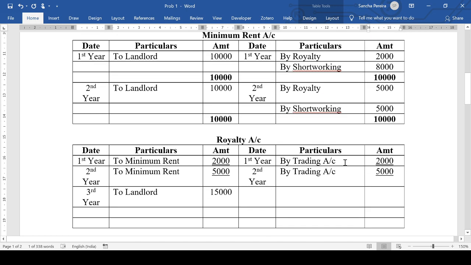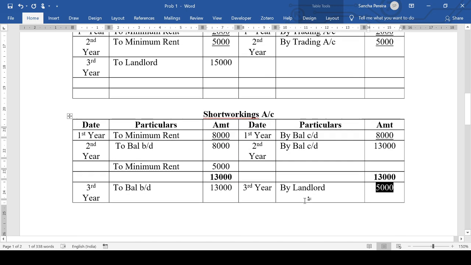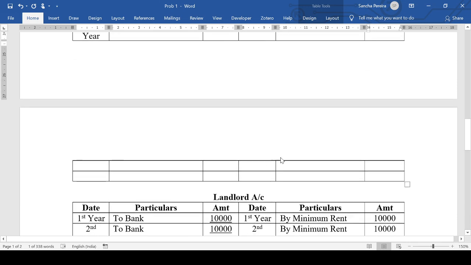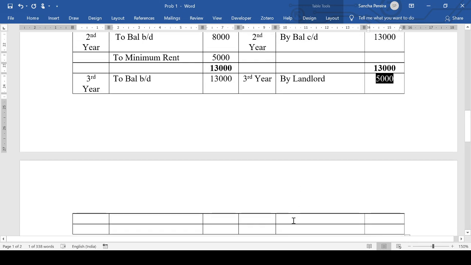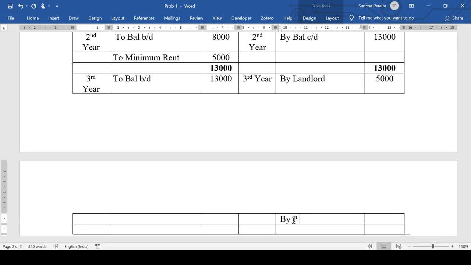Profit and loss account debit to short working. So in short working, it's going to be by P&L account. How much did we transfer? Look at the statement and tell me. 8,000.